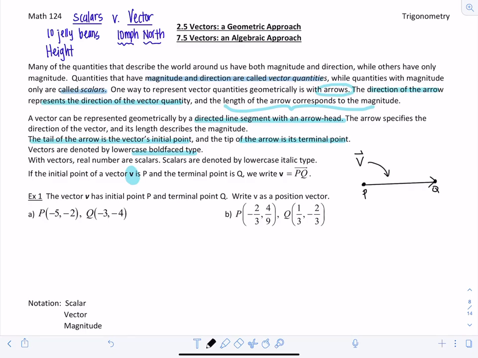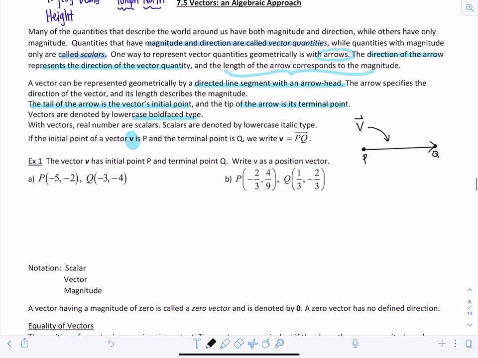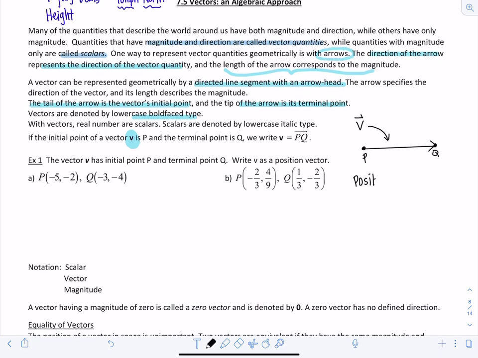Now, a position vector is a vector whose initial point or starting point is at the origin, at (0, 0). And a lot of the time, it's very useful to rewrite a vector as a position vector, because then you can understand its direction and magnitude a lot more easily than if it starts somewhere else.